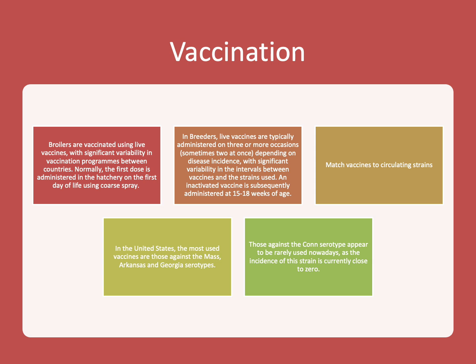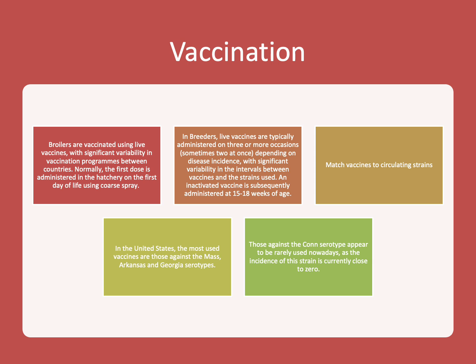It's very important to match vaccines to circulating strains. This is very, very important. It's not just about using vaccines. Are you using the right vaccines? So in Nigeria, let's say we have a strain IB491, and then in the US, we have the Connecticut strain, for example.